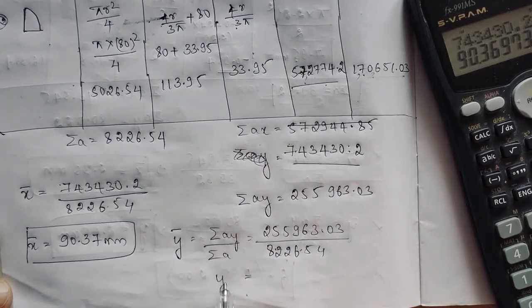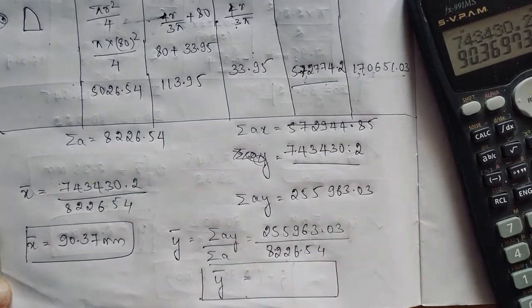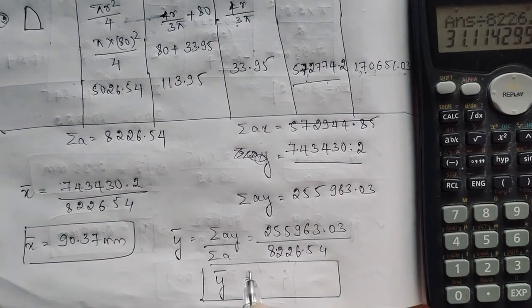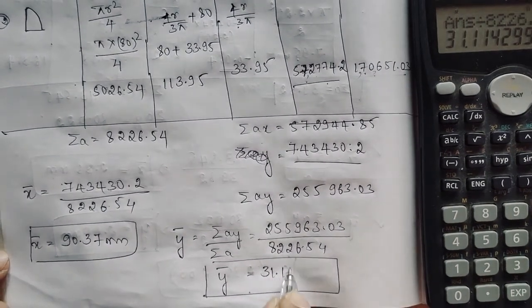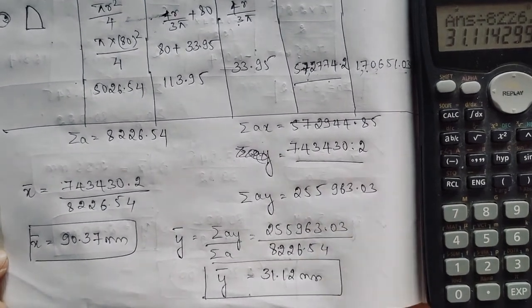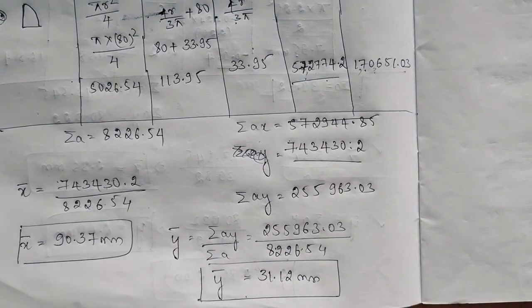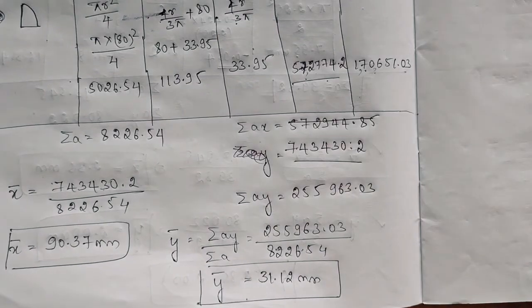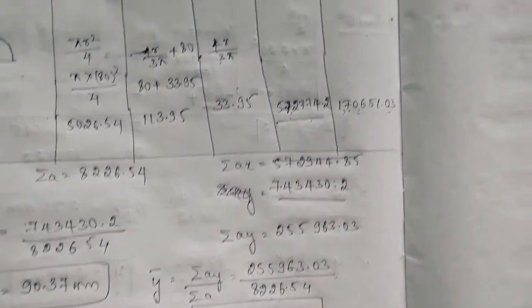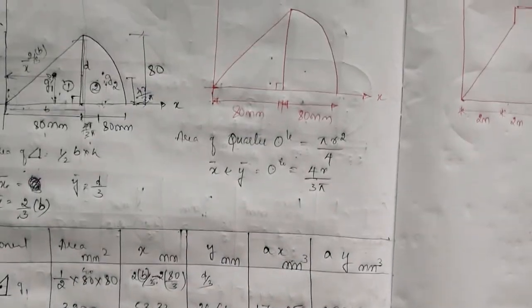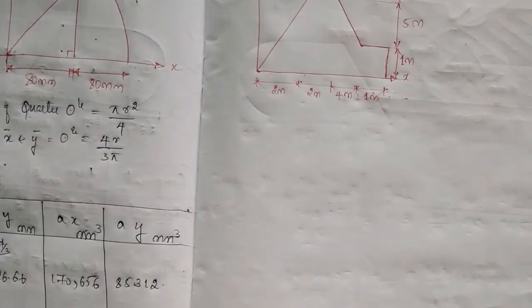The value of Y bar is 31.12 mm. So X bar is 90 and Y bar is 31.12. This is how we solve this type of problem. Now we'll see the last problem.